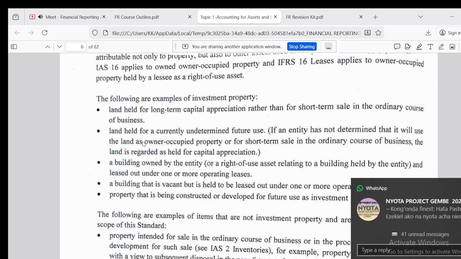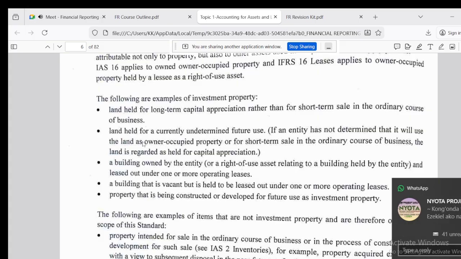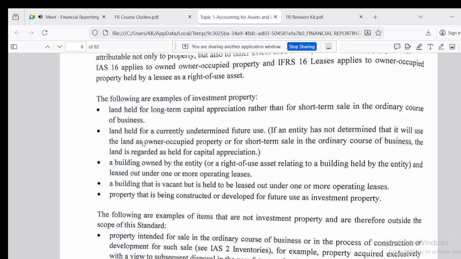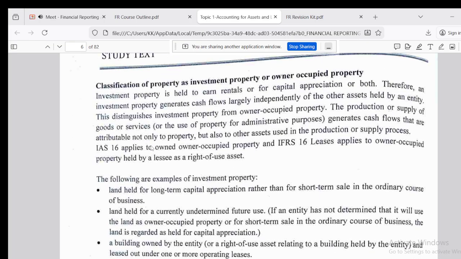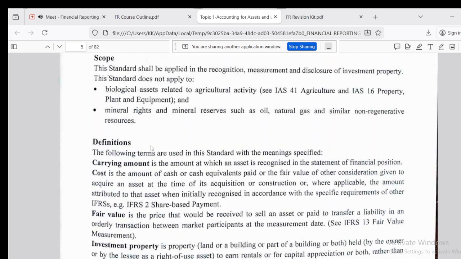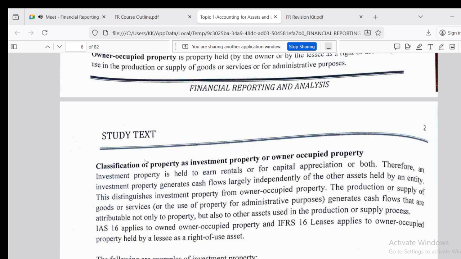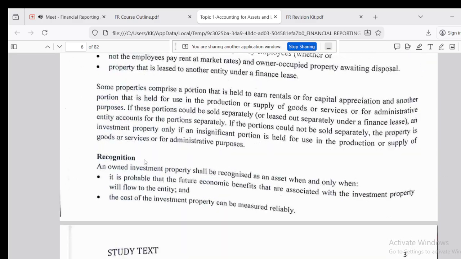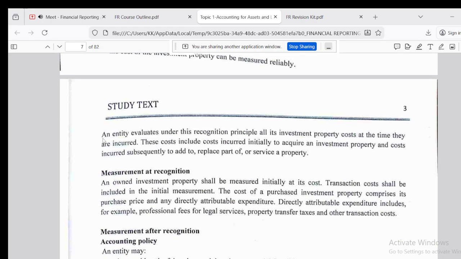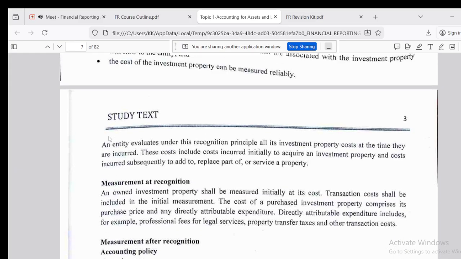That standard states that it is applied during recognition, measurement and disclosure of investment property. So when we talk of recognition, remember what do we mean? Like what do we mean by recognition?